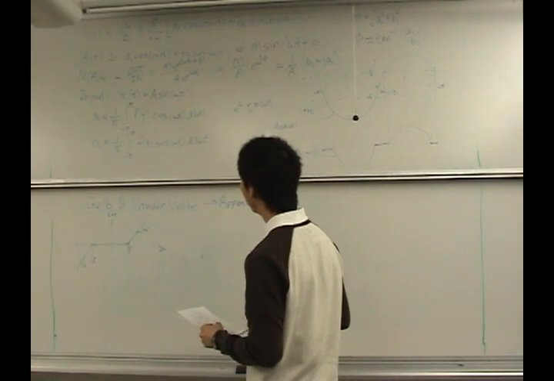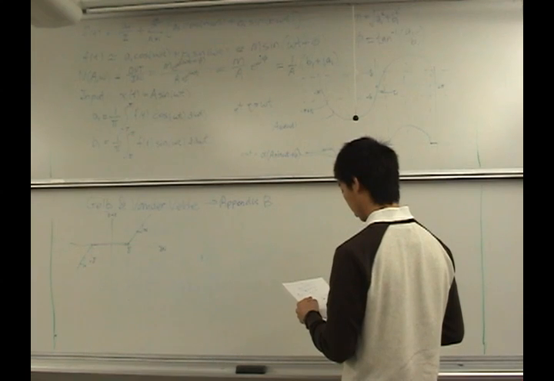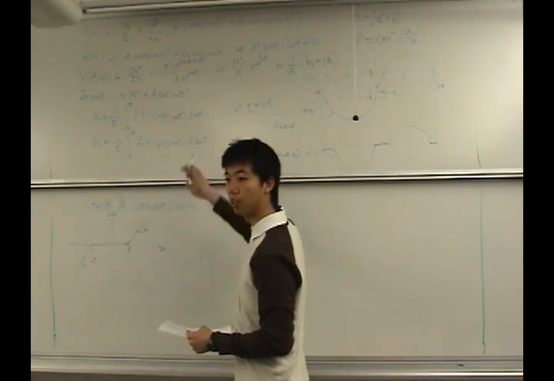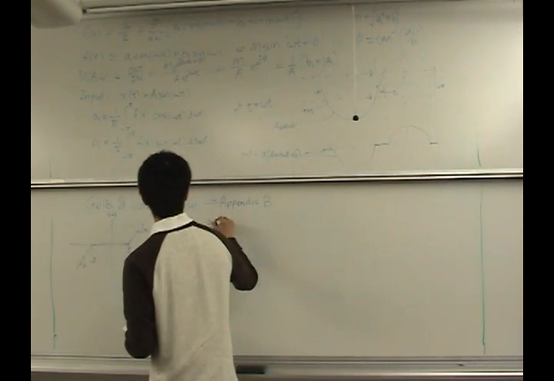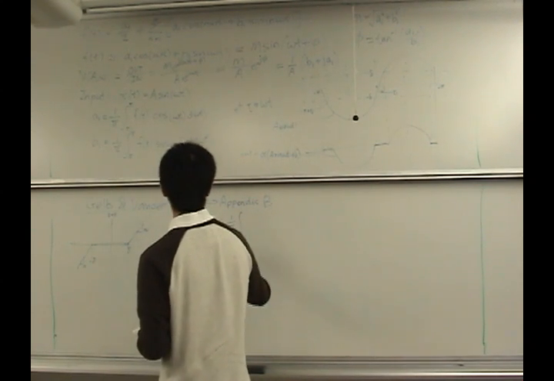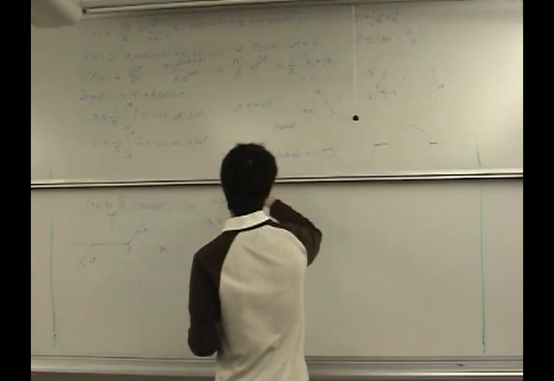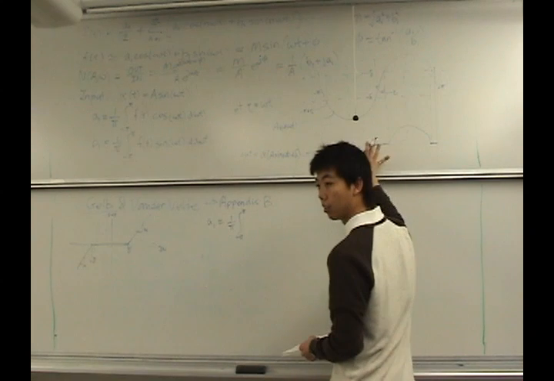So, is there anything else I want to say? Okay, so let's try to calculate these. First of all, A1. This is our output, so f of t refers to this thing.